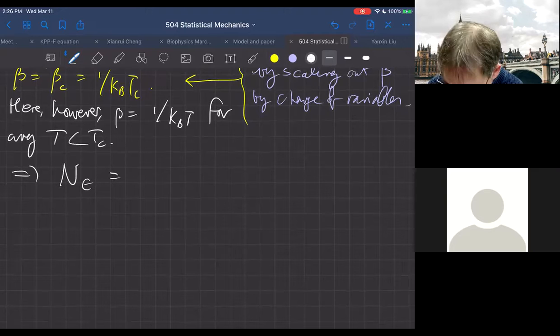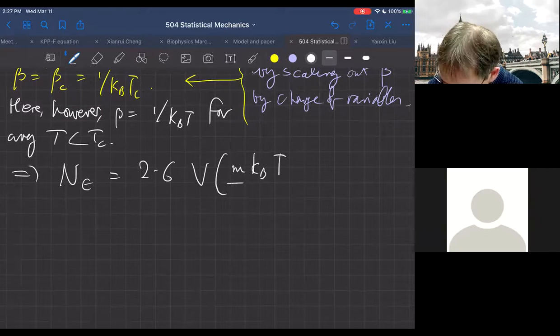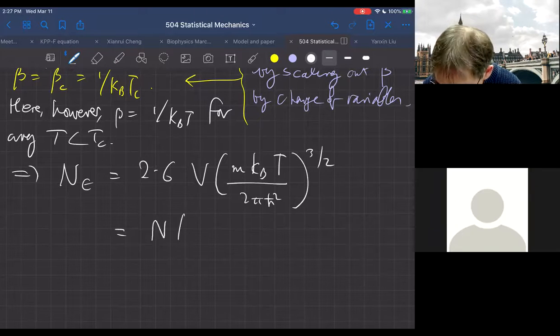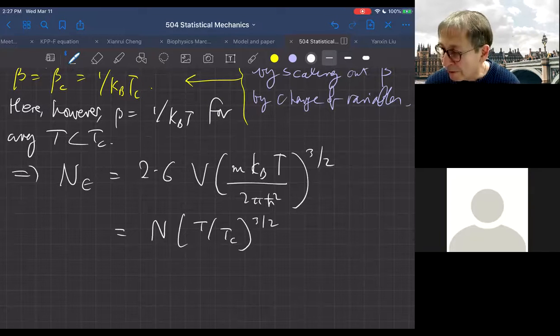So N_epsilon is going to be 2.6 times the volume times m k_B T over 2 pi h bar squared to the 3/2. It's exactly like what we had before, but before we had Tc, and this was the equation that defined Tc, and N was replaced by the total N. And so we can write this as N times T over Tc to the power 3/2.